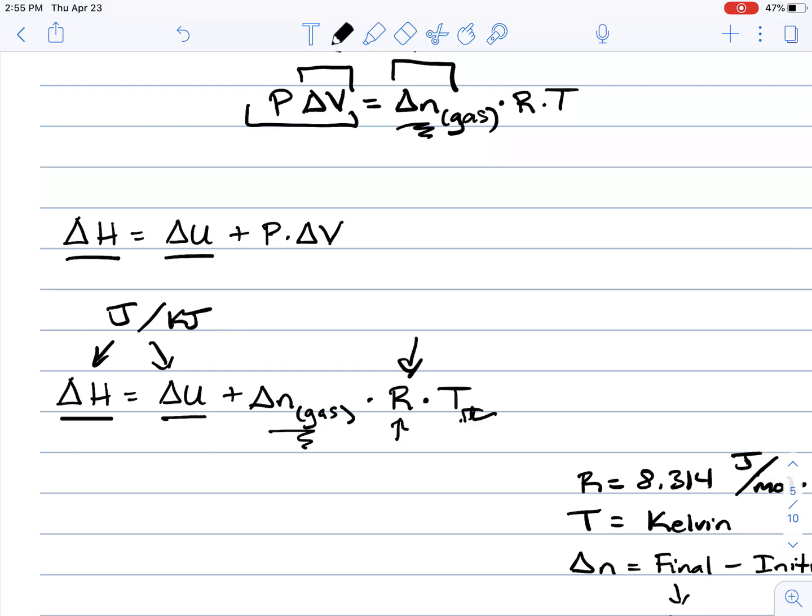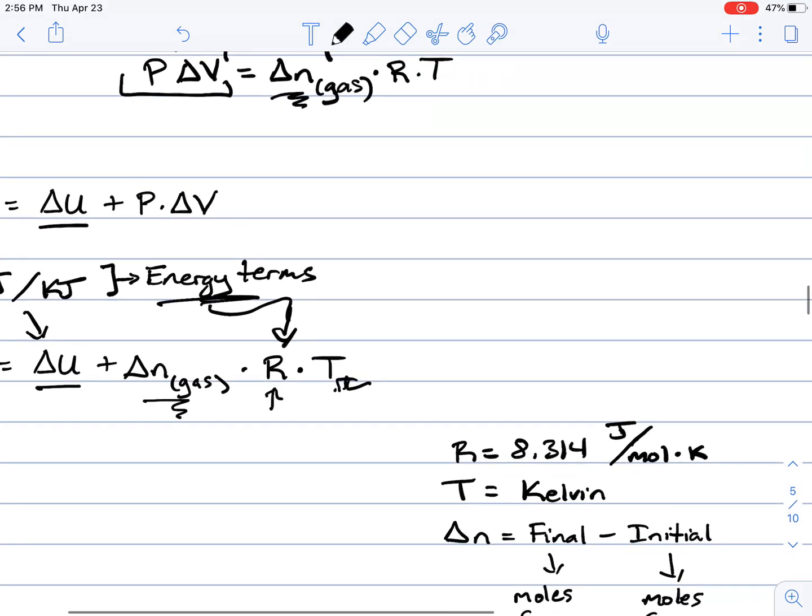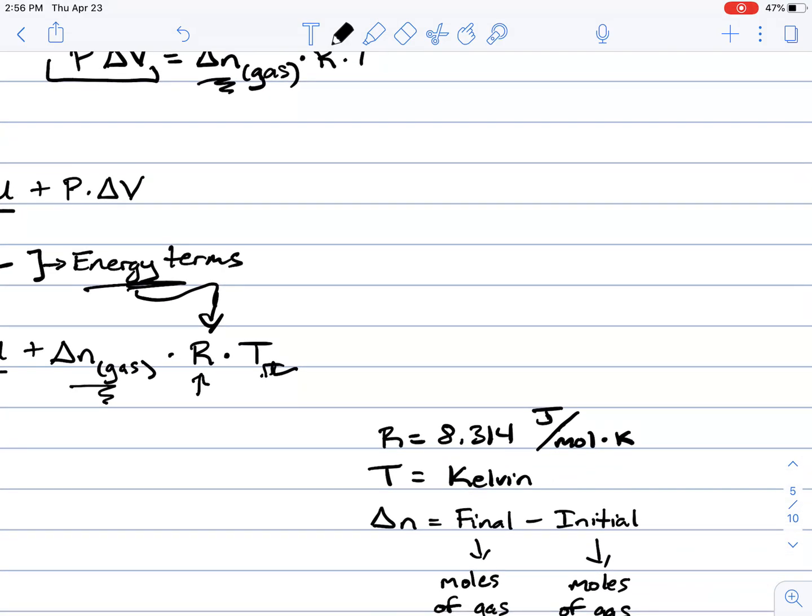Either way, they are energy terms in this equation, so there must be an energy term in the gas constant. Therefore, the gas constant we're going to use is 8.314, because in the units of this value there exists the energy term joule.